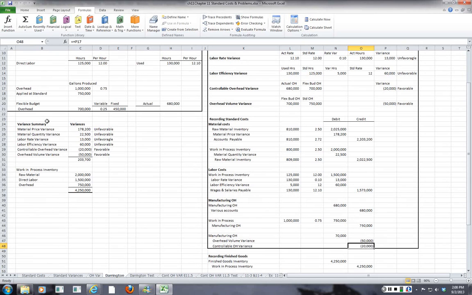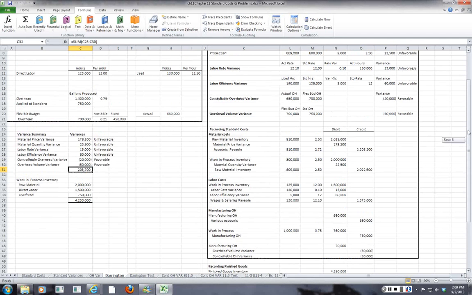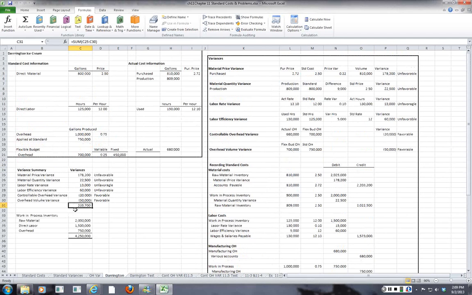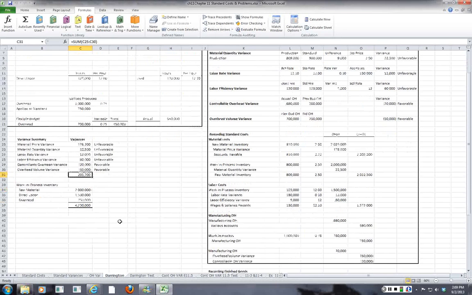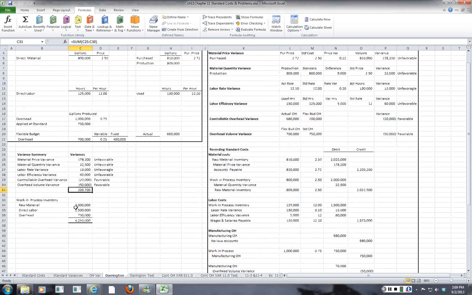What's interesting also is that all those variances are over here. 178,000 was that material price variance and so forth. All these variances which we just went through total $203,000. So at the end of this, let me just show you where that comes from.